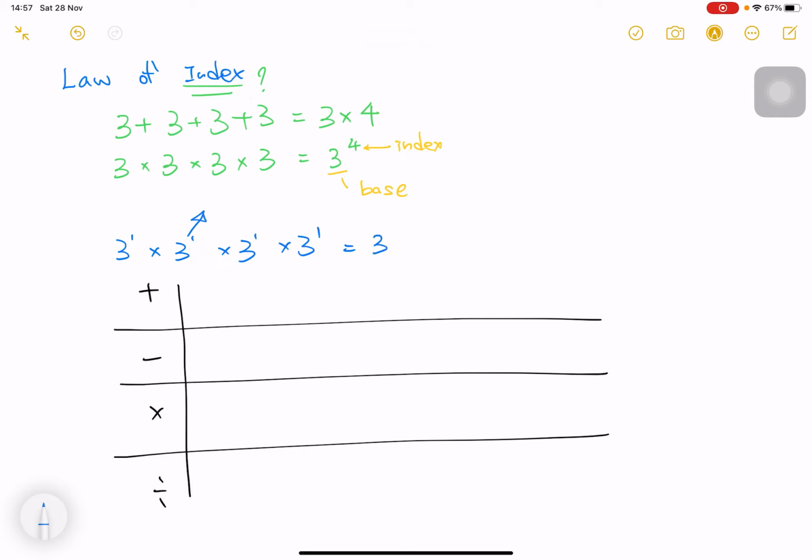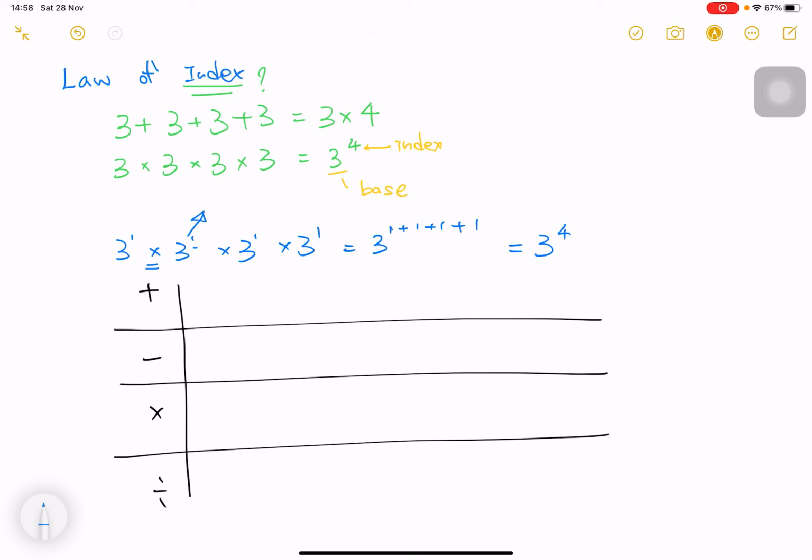If you see a multiplication in the original operation, when it changes to the index, it becomes addition, which means 3 to the power of 1 plus 1 plus 1 plus 1, and you get the answer 3 to the power of 4.